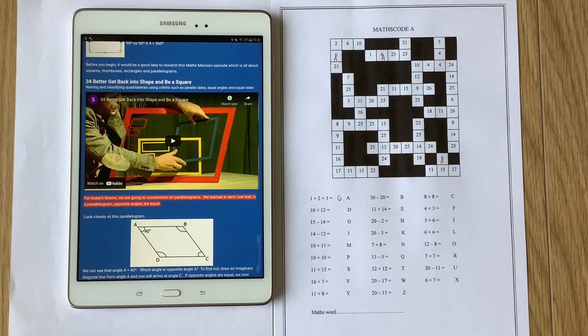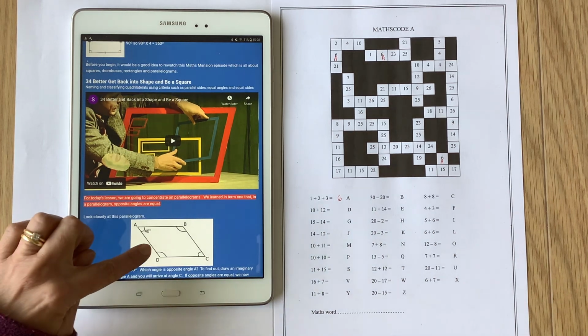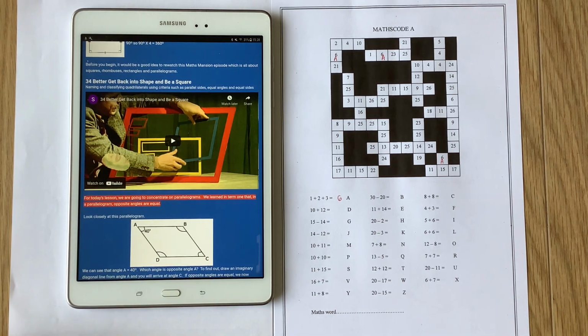You've probably already watched it at the beginning of P6, but go and watch it again. It will remind you about some of the quadrilaterals, thinking about things like equal sides, equal angles, parallel sides. Go and watch that programme and then you will be ready to do today's activity, because in today's activity we're going to be thinking about shapes like this one, the parallelogram.